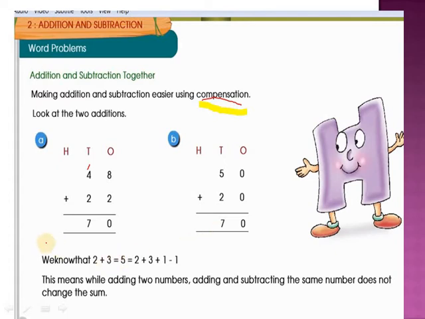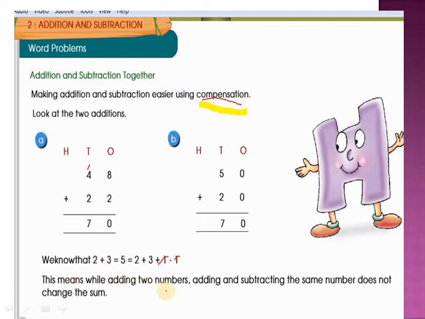So here we know that, yes, 2 plus 3 is what? 5. 2 plus 3 is also 5. When we add 1 minus 1, the answer is not changing, isn't it? Minus 1 plus 1 is 0. Again 2 plus 3 is what? 5.